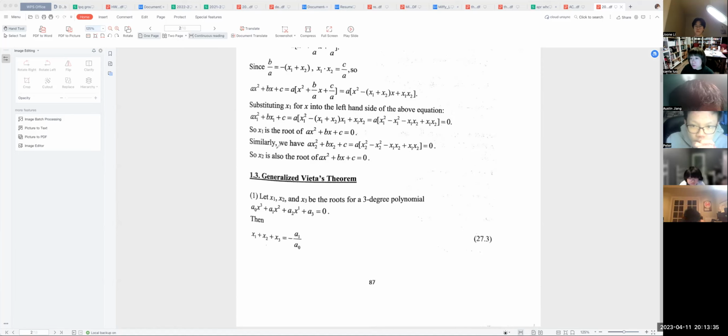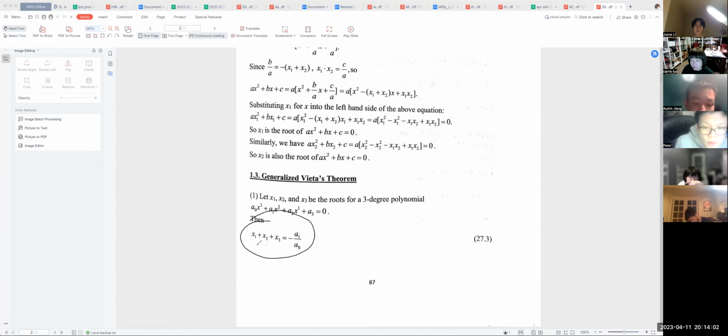So that means the most roots of the equation will have how many? 最多就有3个。 Very good. Okay. When we have 3 degrees of the polynomial, then the most roots of this equation is 3.